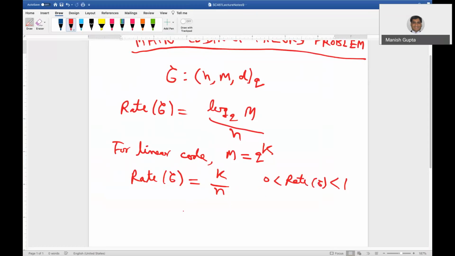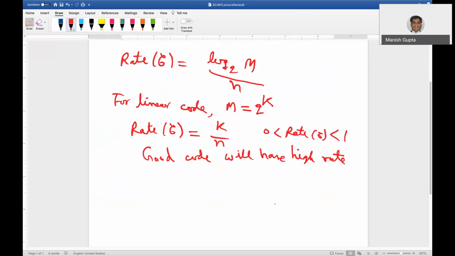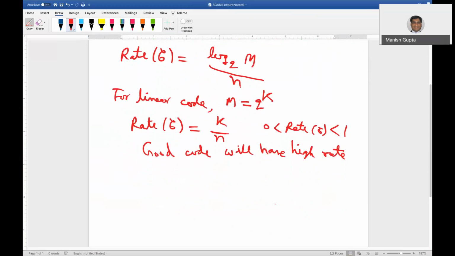Now, a good code will have high rate. Normally if it is close to 1, that will be a very good code. And sometimes, for practical purposes, people also prefer rate half codes. Those are also very interesting codes, and many interesting codes are rate half codes. So this is the basic thing.